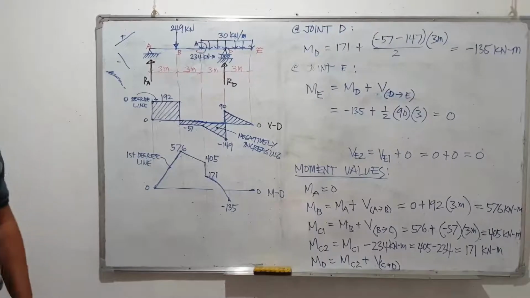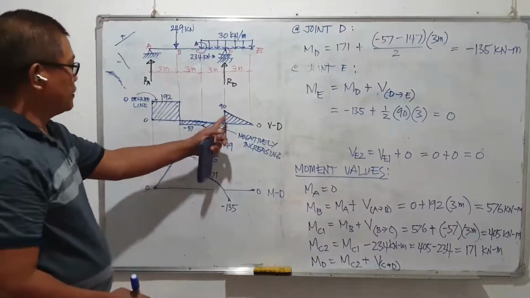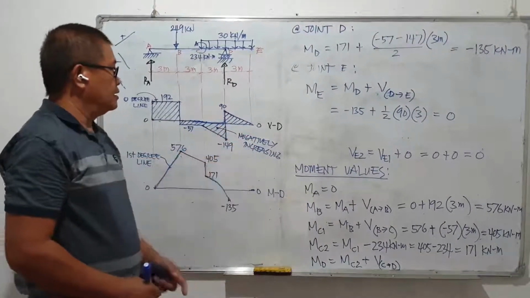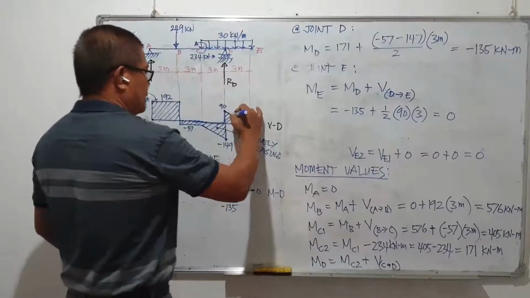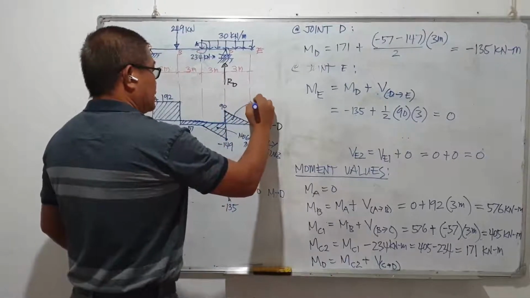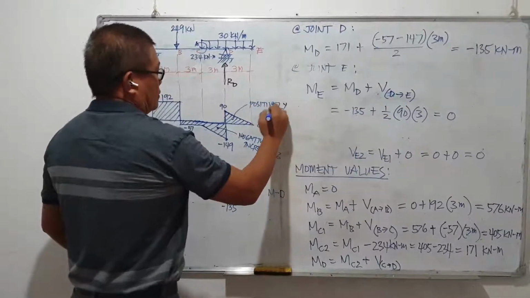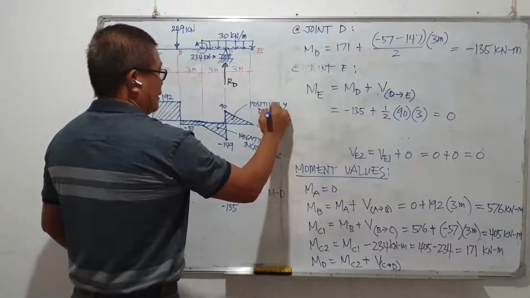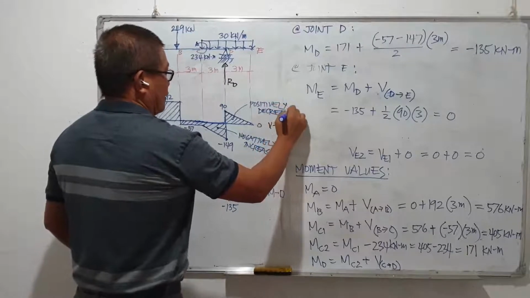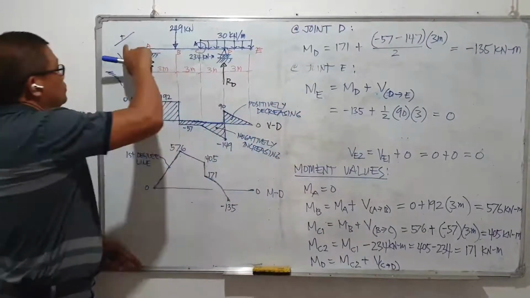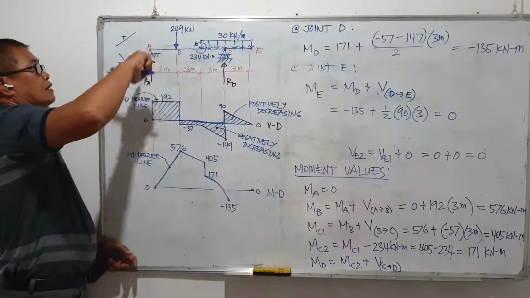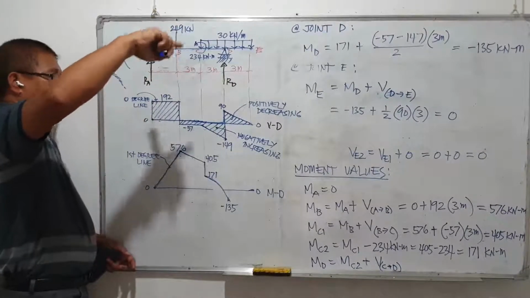And then from point D to point E, it is positively decreasing. So the slope is like this one, and it gradually increases.